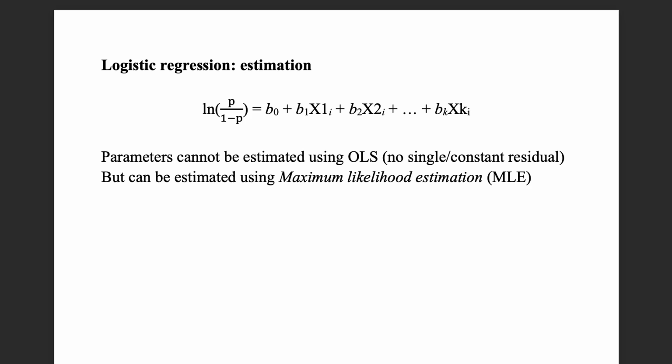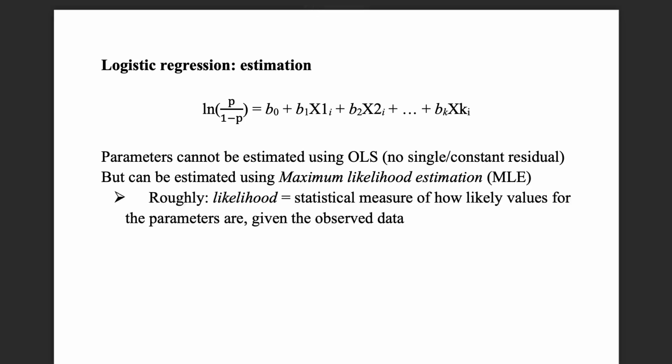Maximum likelihood, the word likelihood is in there. So what does likelihood mean? Likelihood is basically a statistical measure, so it's a number that shows you how likely values are for the parameter estimates given the observed data. So in other words, you can think of this as a number, that the larger the number is, the more likely something is.